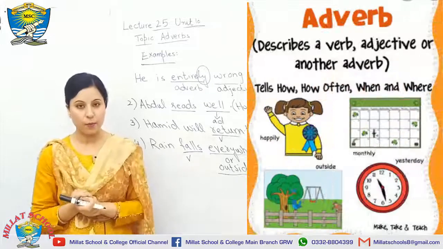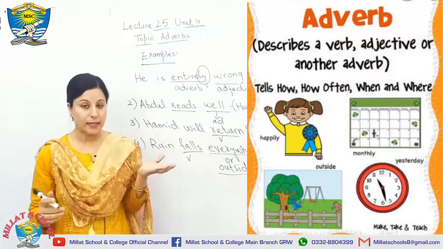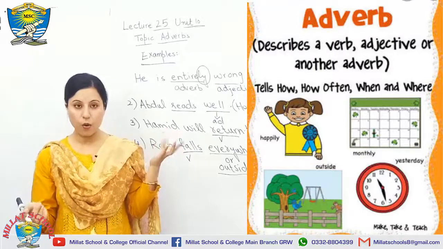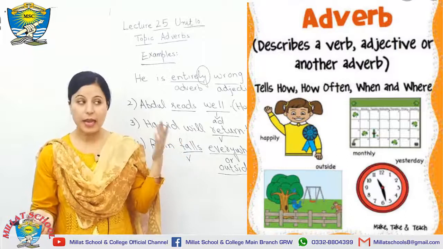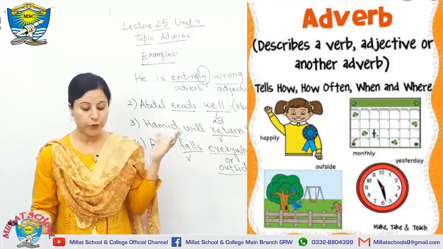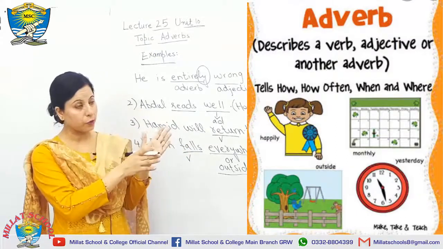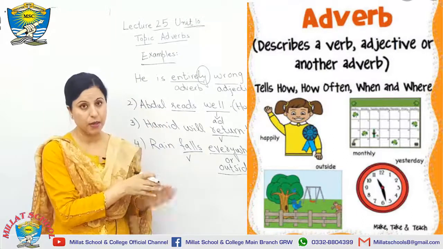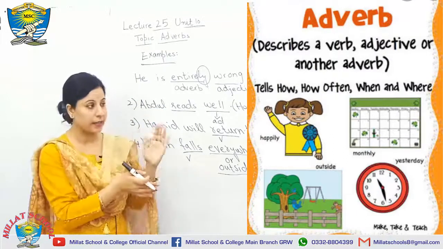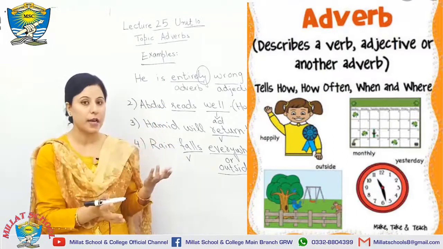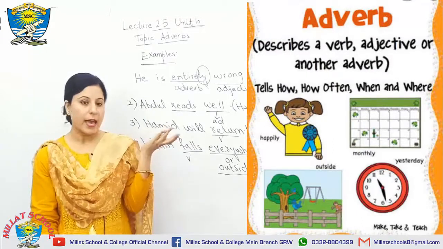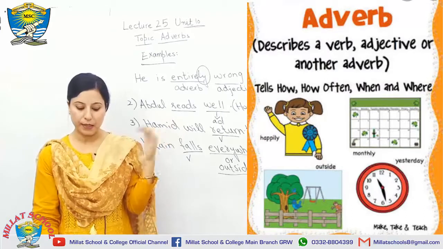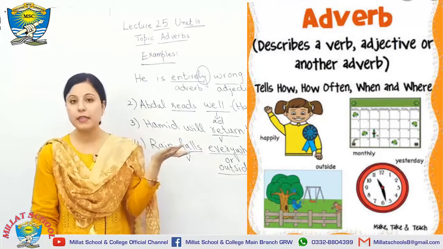Let's see more things. It tells us about how often, when and where. And moreover, if we come to know about the particular timing and particular way, that is our manner or our timing, this tells us about one more important thing, like happily, monthly, outside, yesterday.